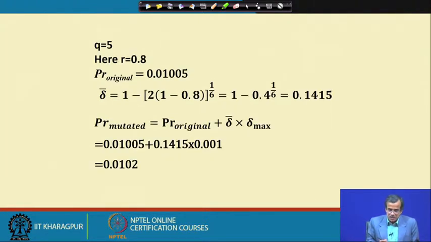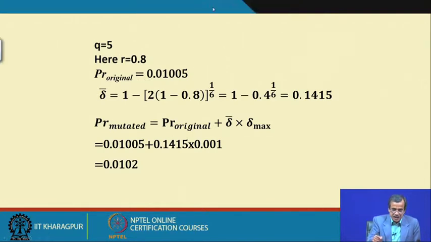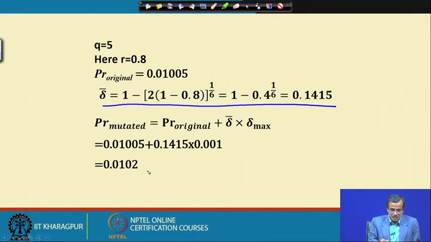Now, using this principle, that calculation shows here in fact. So, q equals 5, r I have taken 0.8, P r original is this, and this is nothing but the delta bar now. Using this, I can find out the mutated solution.